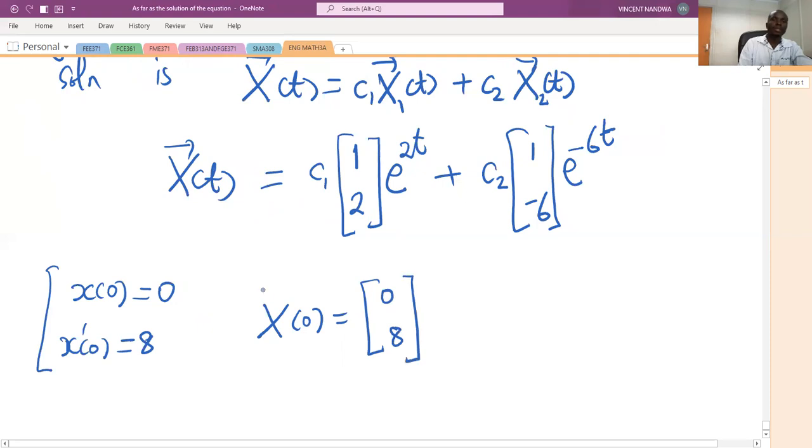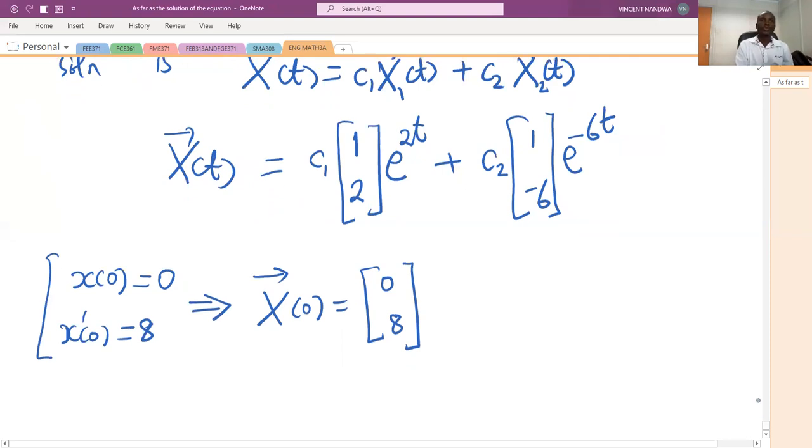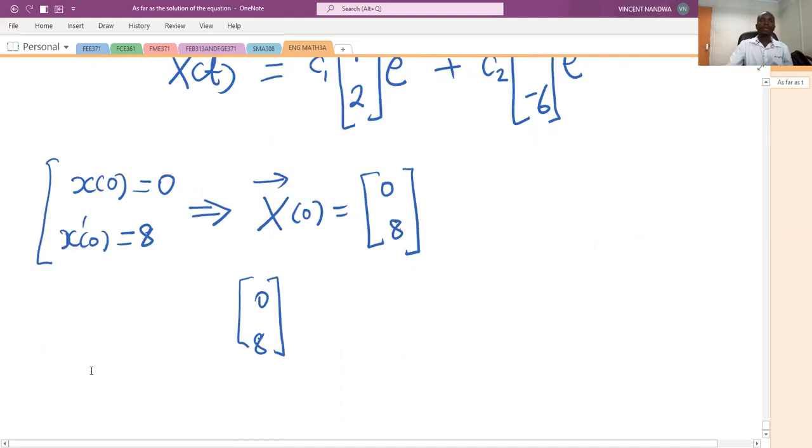That is the interpretation of these initial conditions. So whenever you put t equals 0, you get 0, 8.